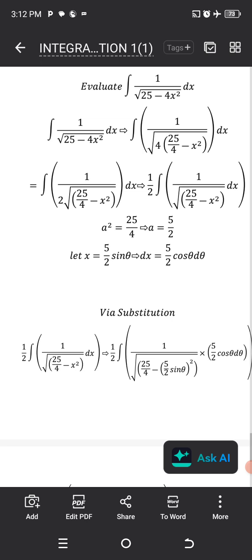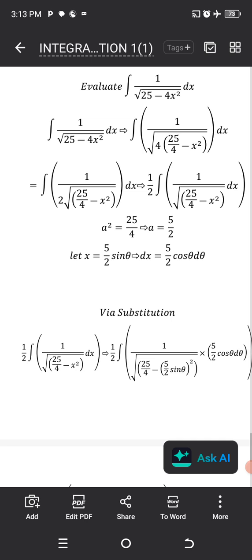So we now have the integral of 1 over 2 square root of 25 over 4 minus x squared dx. Because 2 is at the denominator, you can also say it is 1 over 2 times the integral of 1 over square root of 25 over 4 minus x squared dx.